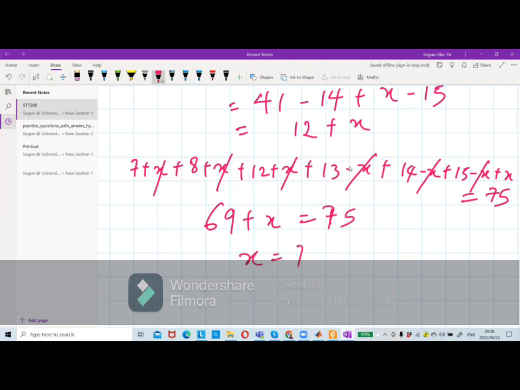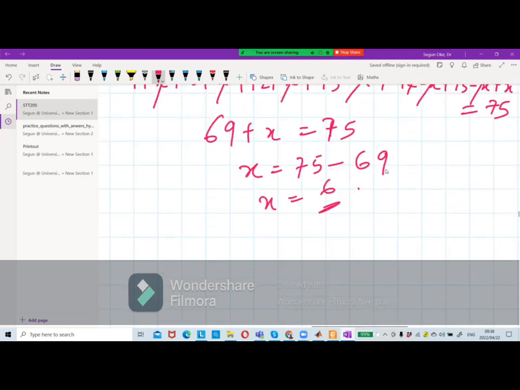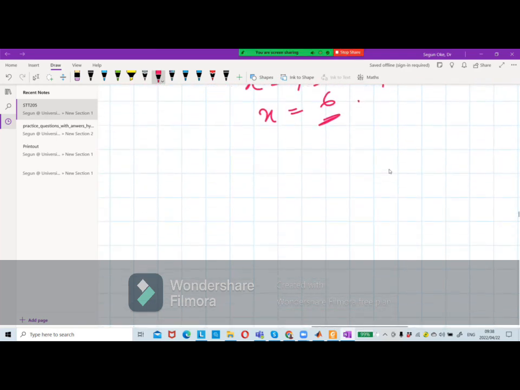So our x will be 75 minus 69. x is equal to 6. Now that we know the value of people that did all the three together, we can now solve the question.